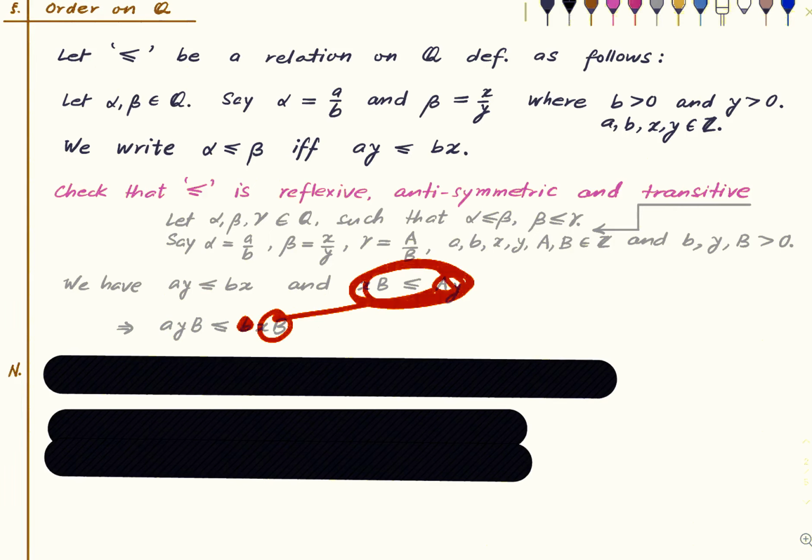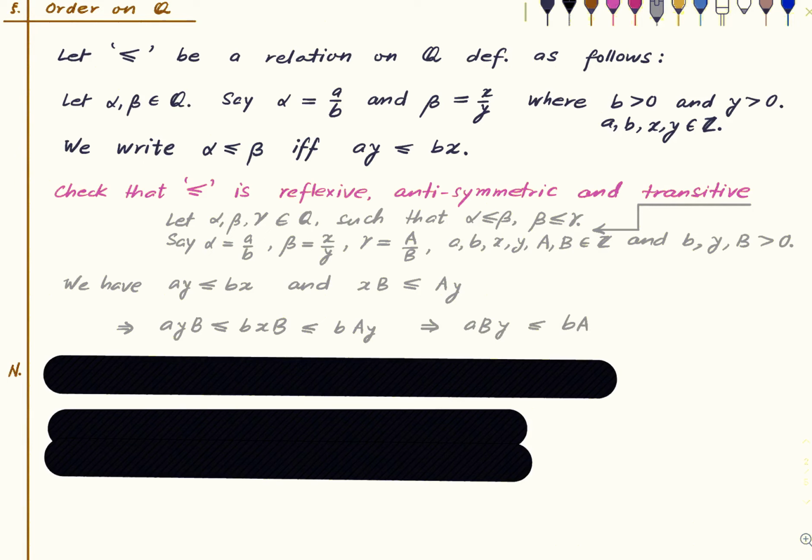But since little b is also positive, we see that this is less than equal to b times ay. Correct? So the upshot is aby is less than equal to bay. This and that are same. And we can cancel y off. Again, since y is positive, we cancel off without changing the inequality.